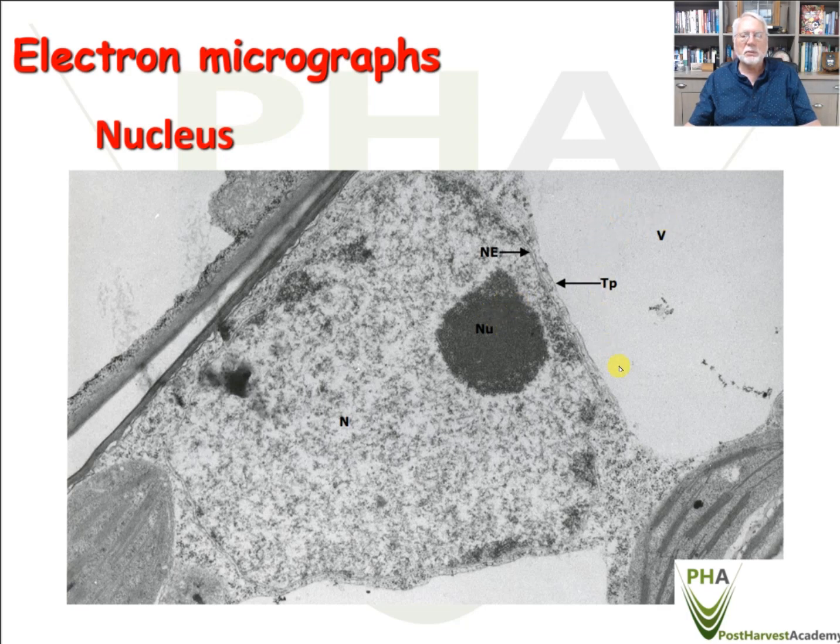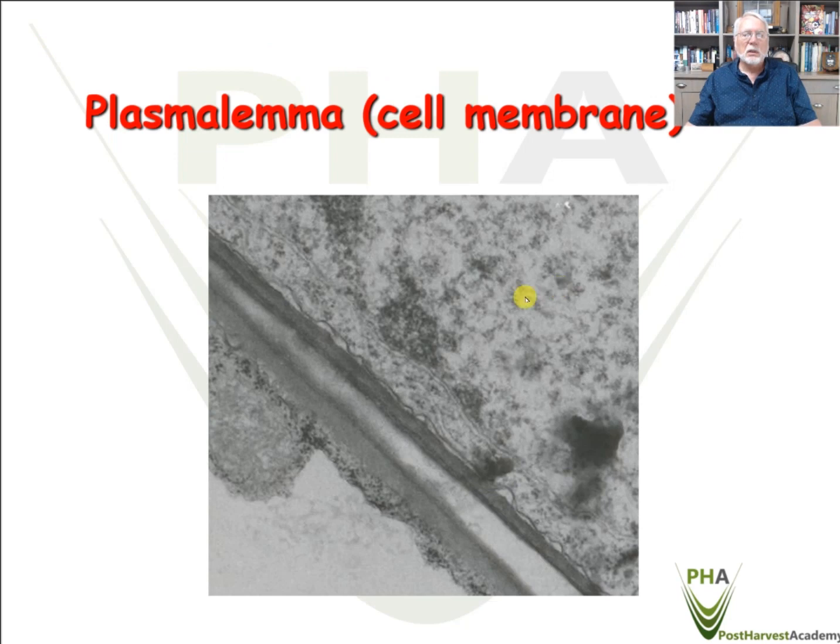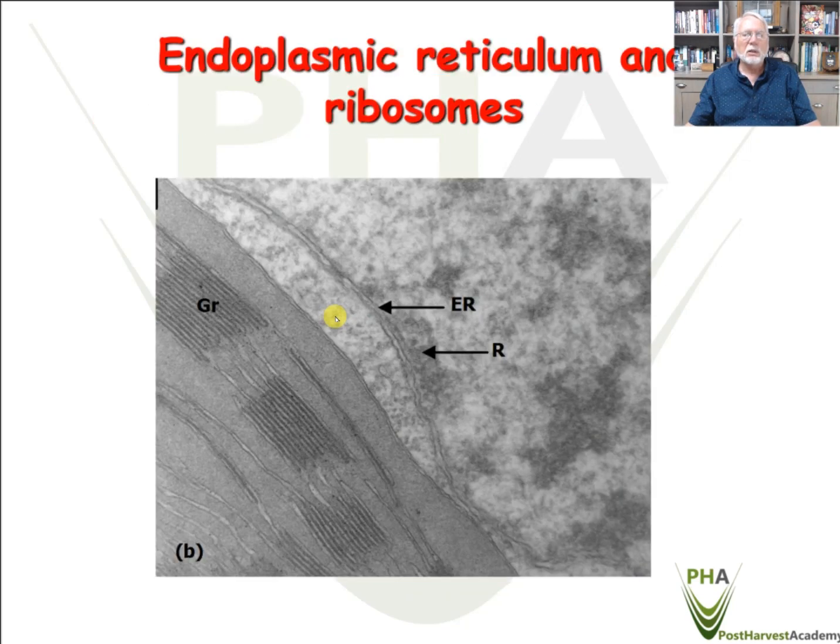Adjacent to this nucleus we have a vacuole surrounded by a thin membrane known as the tonoplast. The plasmalemma, or cell membrane, as we see here, surrounds the cytosol of the cell, and it regulates the movement of substances in and out of the cell.